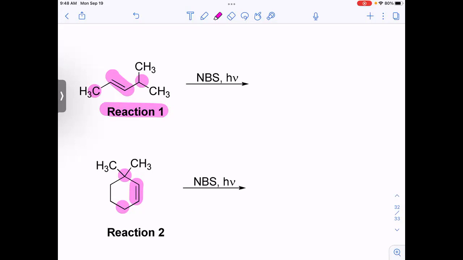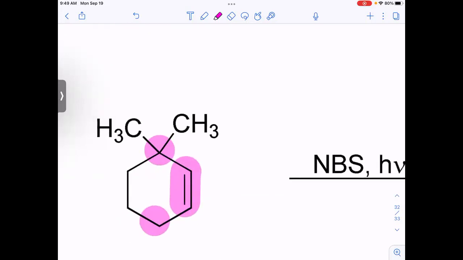That top site, does it have a hydrogen on it? The site that's substituted with the methyl groups, is there a hydrogen there? Like on the actual methyl group?